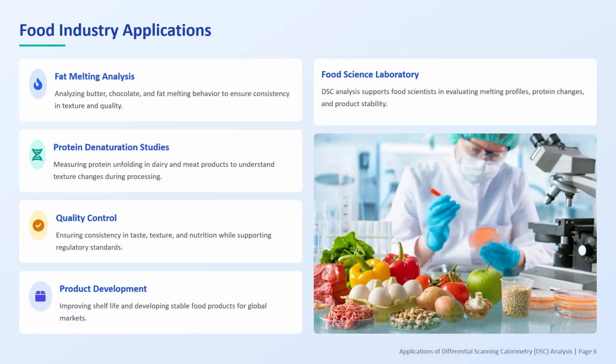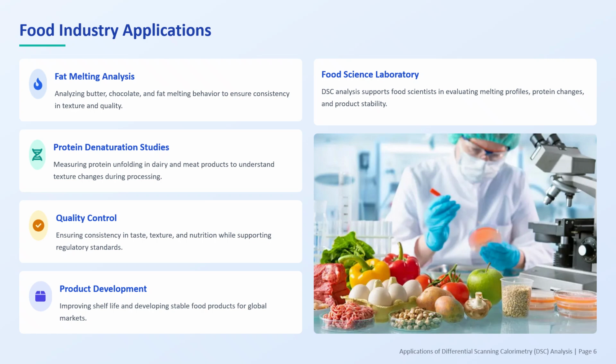In food science, DSC helps explain why food behaves the way it does. For fats like butter and chocolate, DSC analyzes melting behavior, which directly impacts texture, mouthfeel, and consumer experience. Protein denaturation studies reveal how heat affects proteins in dairy and meat products, helping manufacturers control texture and nutritional quality during processing.